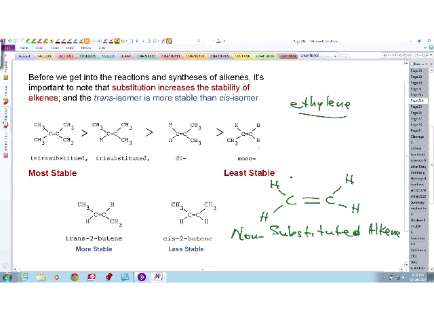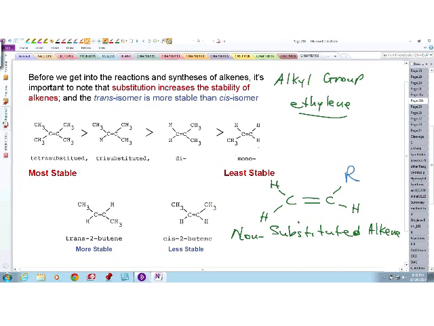Now, supposing I replace one of the hydrogen with an alkyl group, say for example, I take one hydrogen off, I replace with, let us use a generic alkyl group, just say R, to represent the alkyl group.